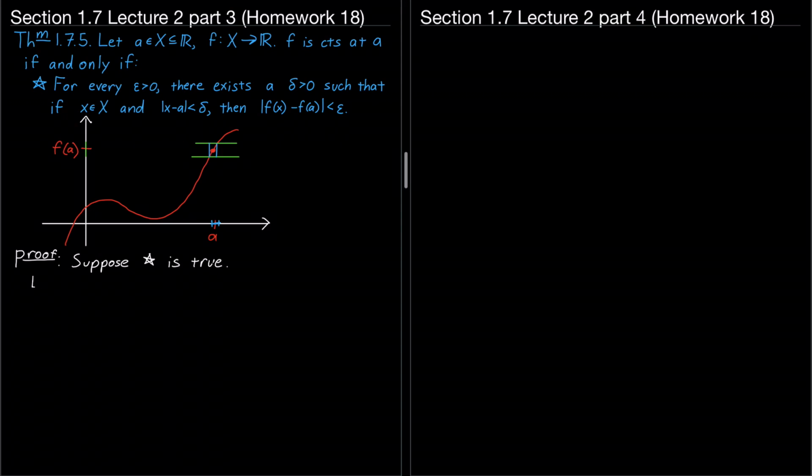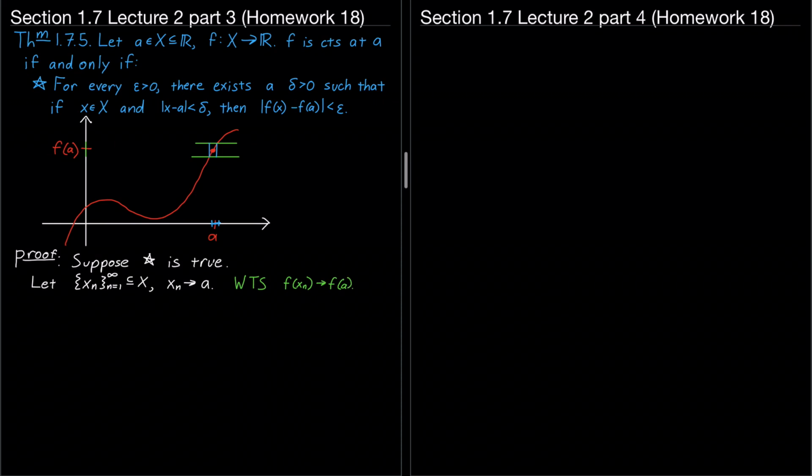So we're going to pick a sequence of points in our set X, and we're going to assume that xn is converging to our point A, because such sequences are part of our definition of continuity. And now what we want to show is that f of xn is converging to f of A.